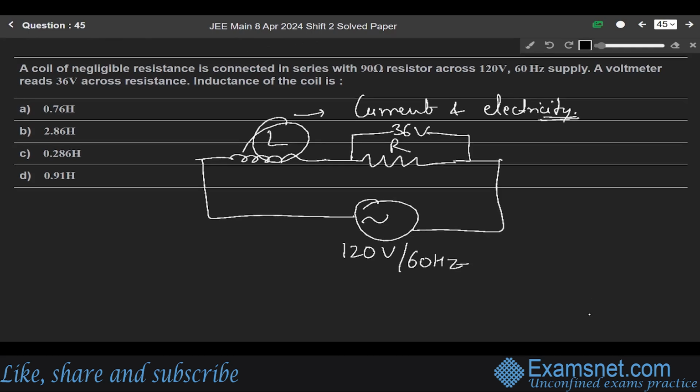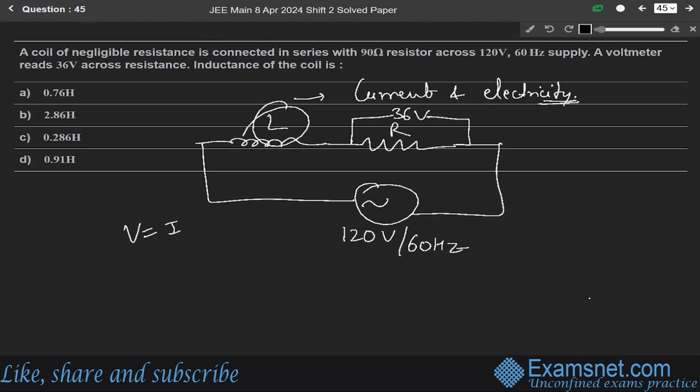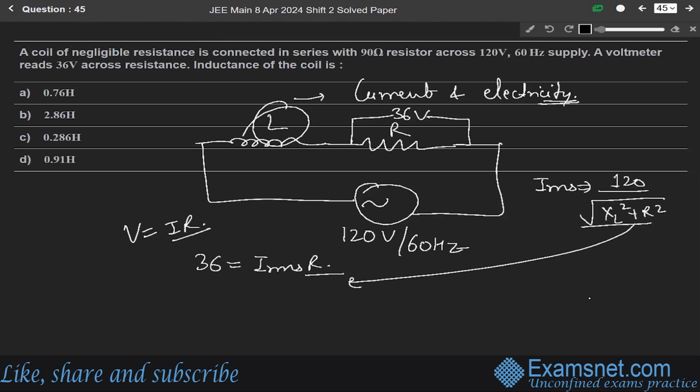So for this, using Ohm's law, V equals IR, okay, means 36 equals I_RMS into R. And we know that I_RMS is equal to 120 over square root of XL square plus R square. Okay, so put the value here.